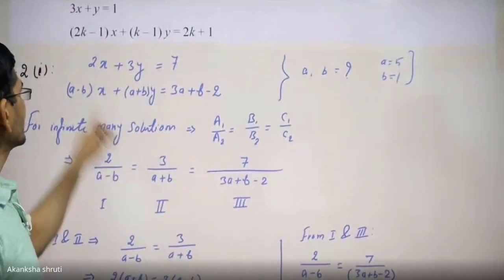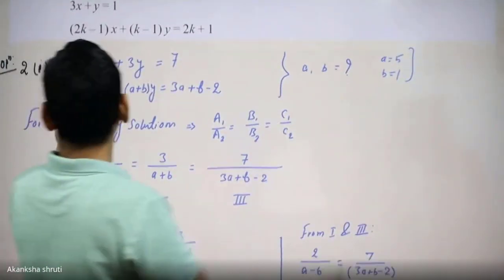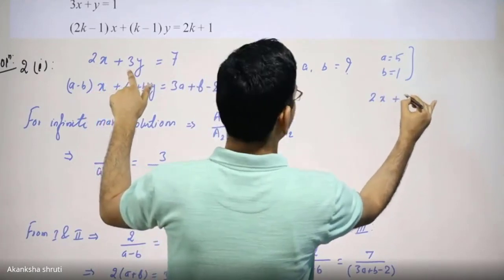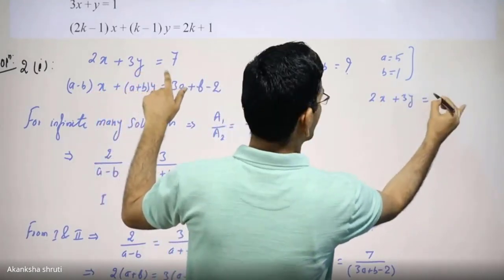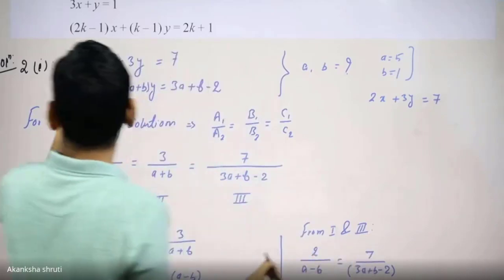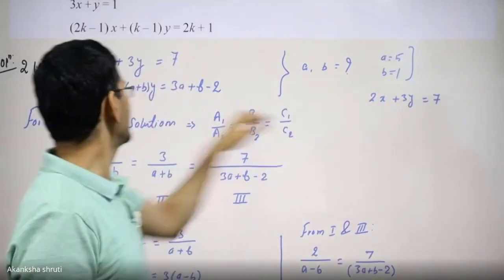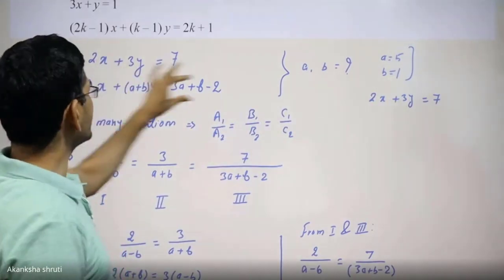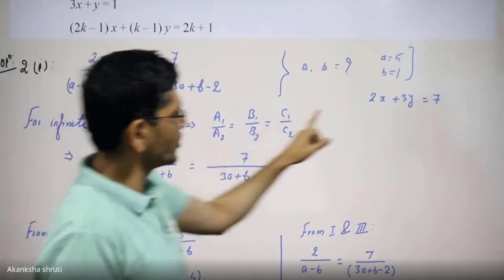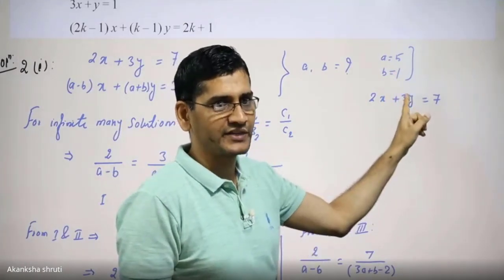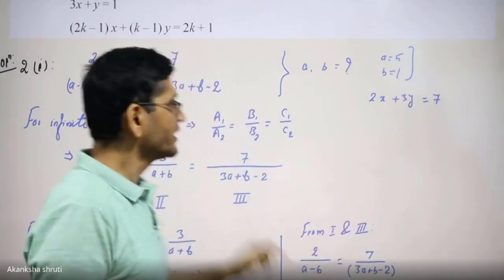See, let me try. Our first equation is 2x plus 3y is equal to 7. The second one is in terms of a and b. Substitute these a and b, and observe the second equation that you obtain will surely be a multiple of the first. If it is not, then the values of a and b that we have calculated will be wrong. Let me verify.